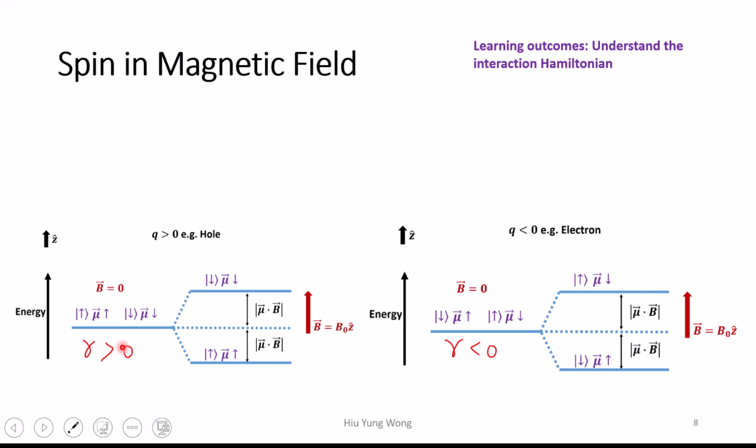Now, if I put on a magnetic field, look at this magnetic field. It's pointing in the z direction. B0 is positive, right? So it's pointing in the z direction, okay? What will happen? You will get something called Zeeman splitting.